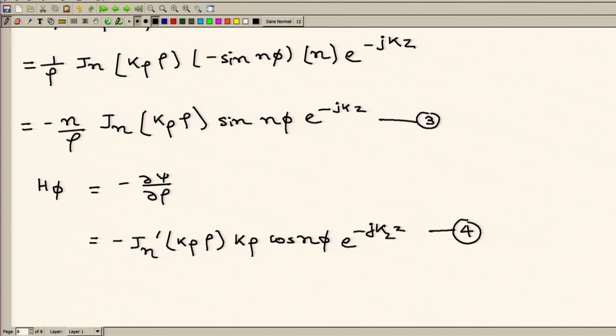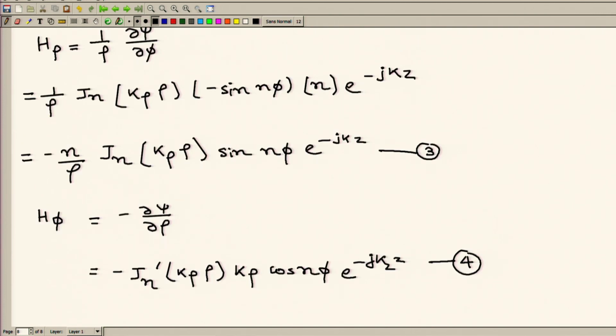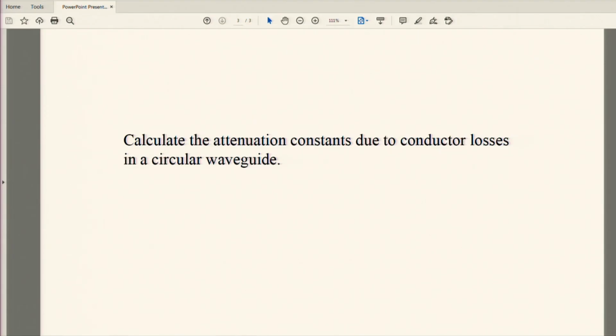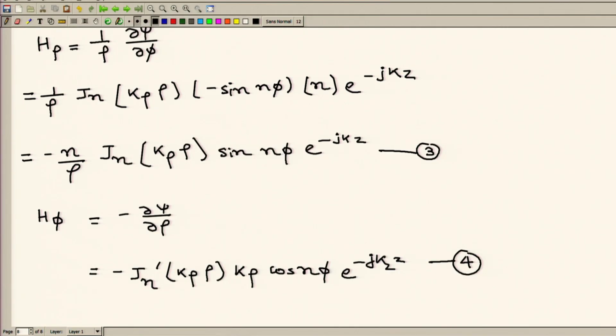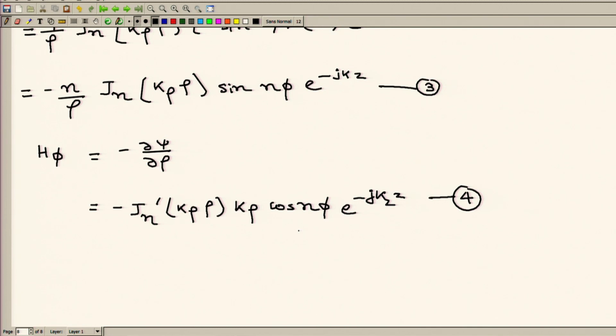Now, to find the attenuation constant, in the question we are asked to find the attenuation constant due to the conductor losses. We can write this as alpha equals P d upon twice P f, where P d is the dissipated power and P f is the power flow.